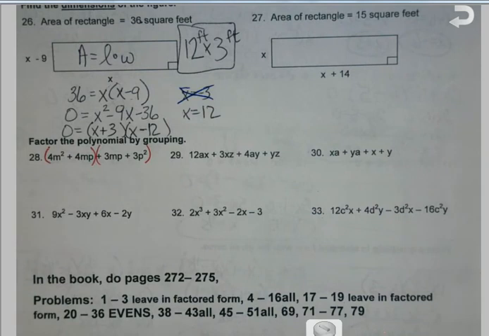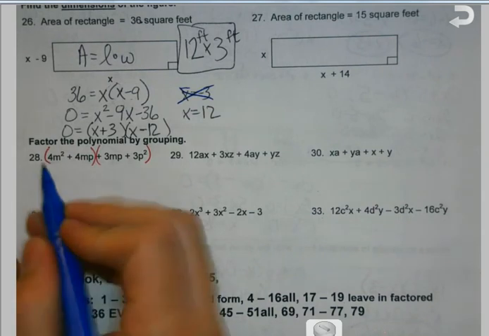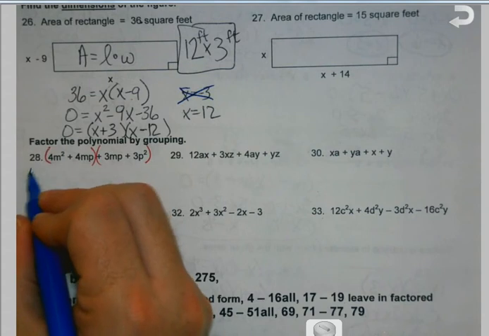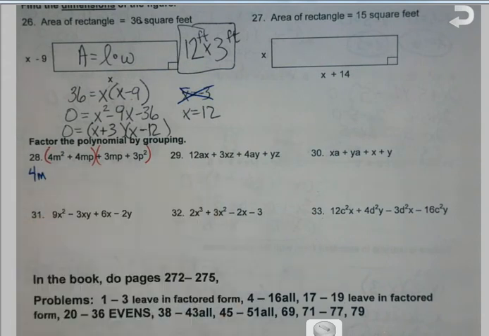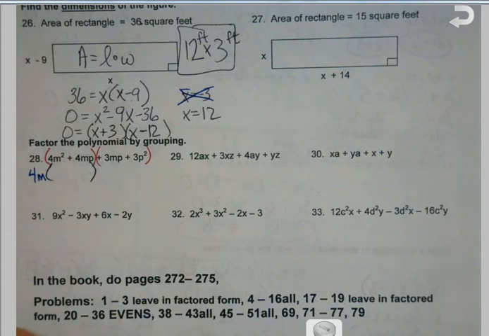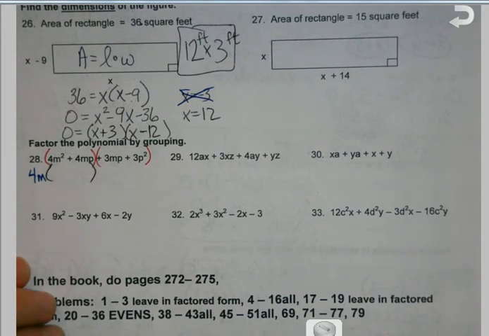So let's see if this works. What do these two have in common? 4m. So let's see what we got left here. What's going to be left inside my quantity here?